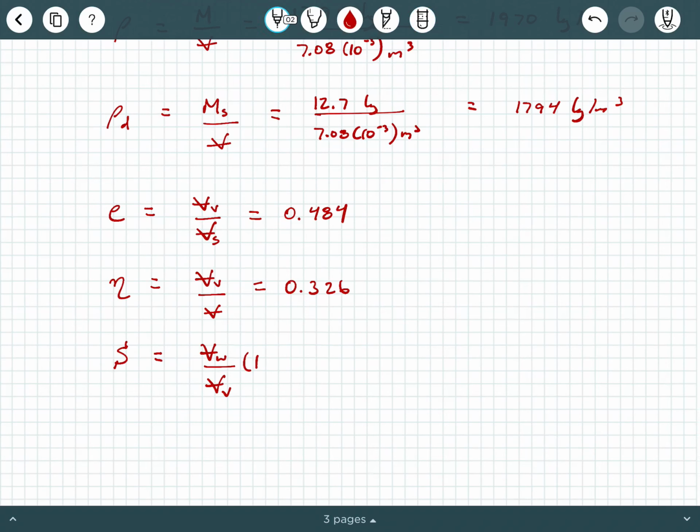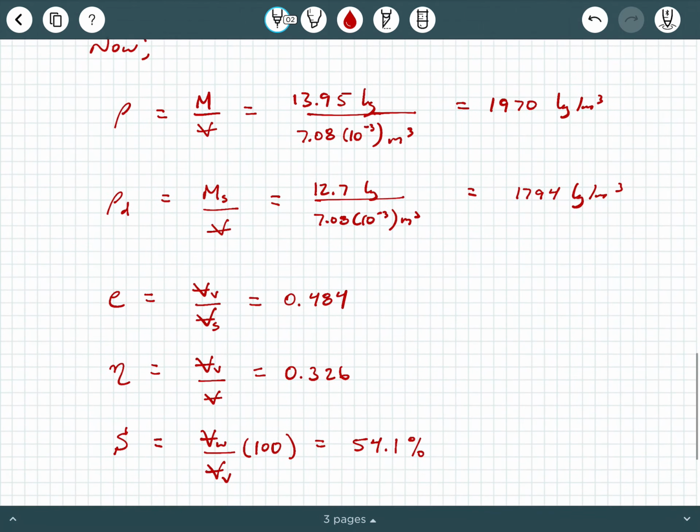So maybe we should put in 100% here. Okay. And so when we punch this through, we get 54.1%.